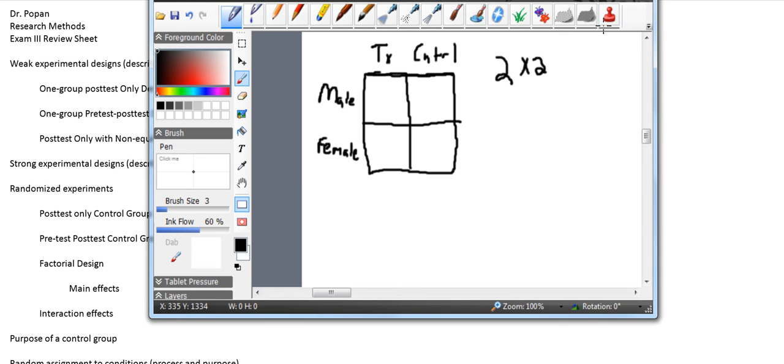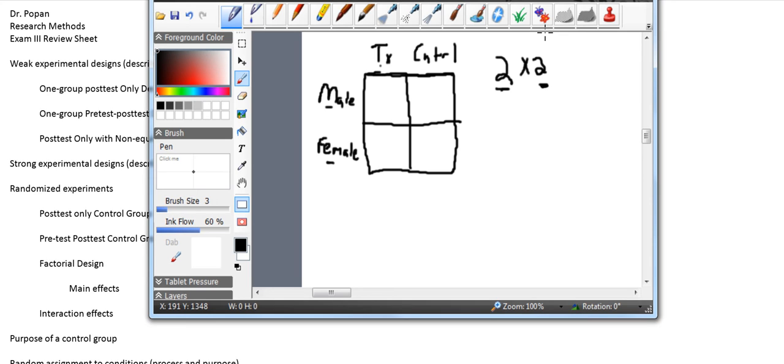2x2. So there's two levels of the condition variable, which is treatment or control, and there's two levels of the gender variable, which is male versus female. Now we should note that actually the treatment and control variable, if we have random assignment, that would be an experimental variable.